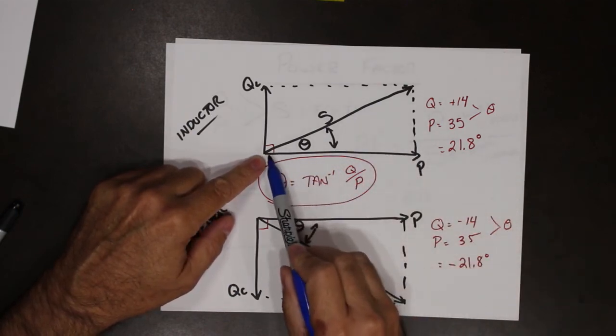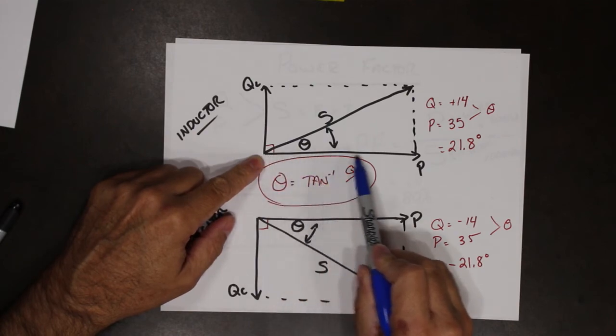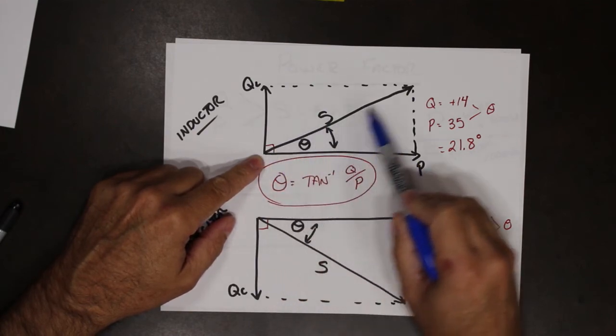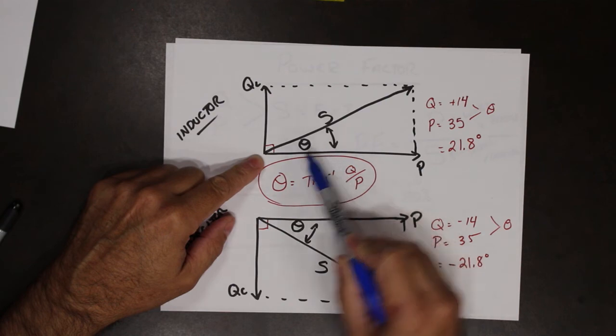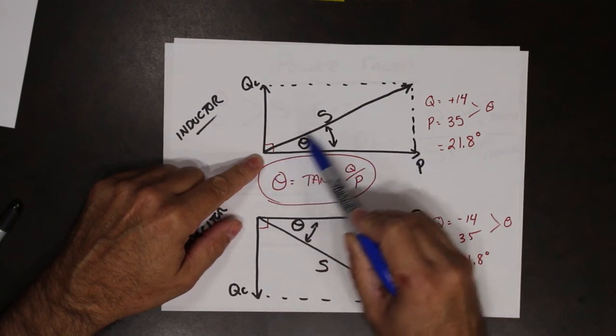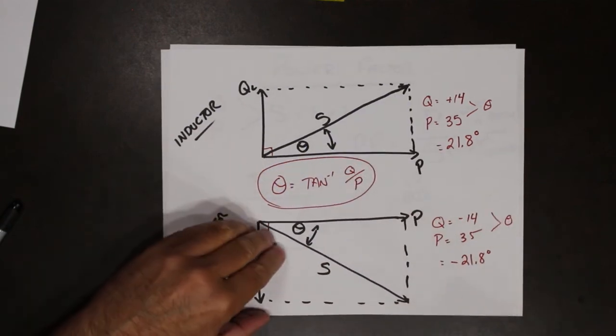If you notice, we also have P and Q separated by a phase angle.